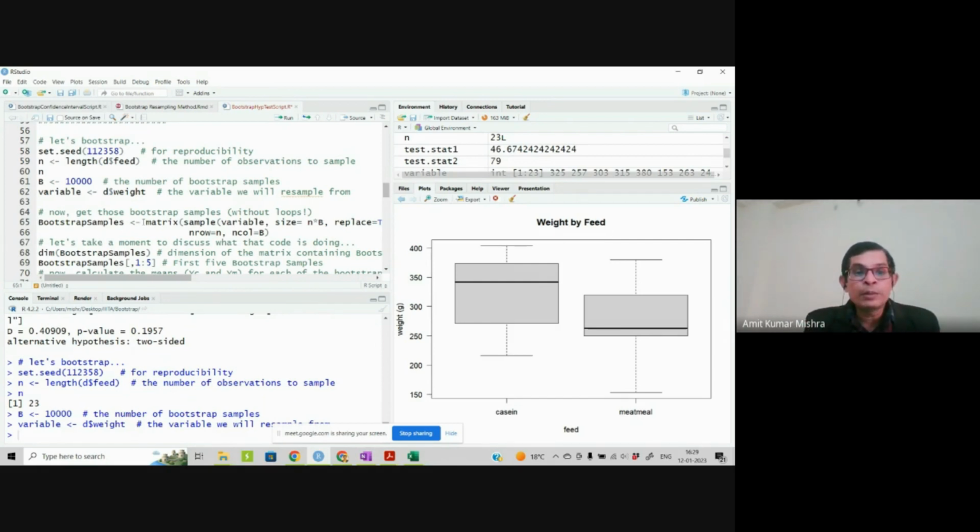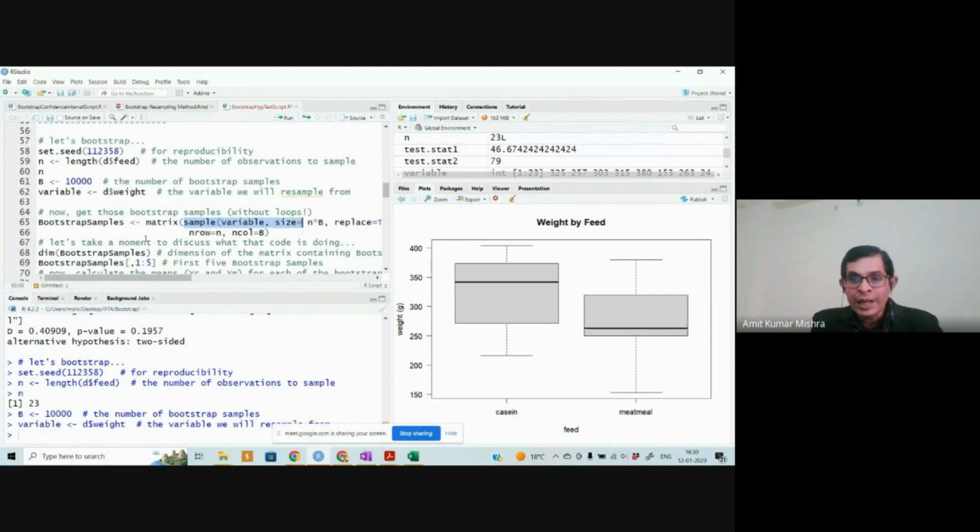So bootstrap samples, I am saving into this as a matrix. All of you know that the matrix function takes data points, then the number of rows, the number of columns, and so on. So what are the data points? Data points are the sample from the variable, the one you have defined, D weight. That means you are sampling from weight. And how many samples do you need?